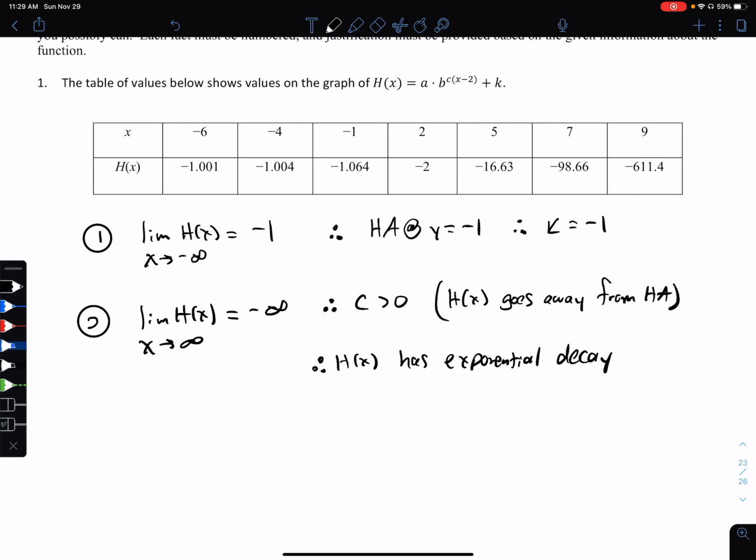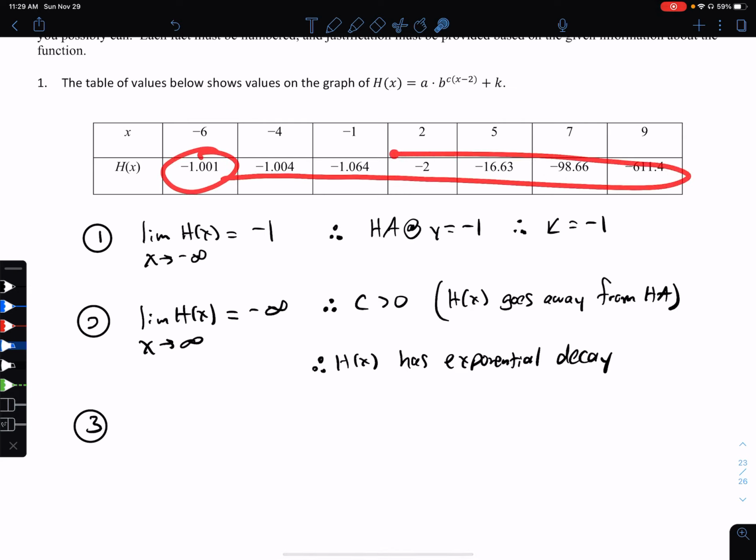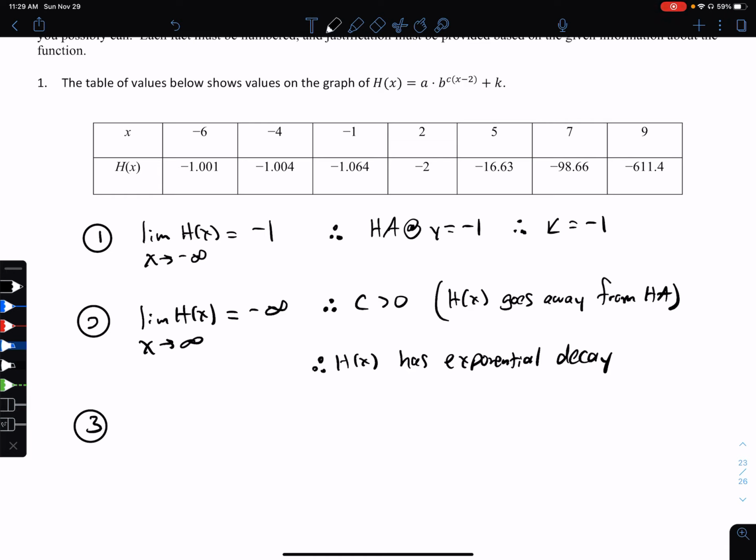Let's see, what else can we tell from this? We're saying there's a horizontal asymptote at -1. All of these numbers here are below -1.